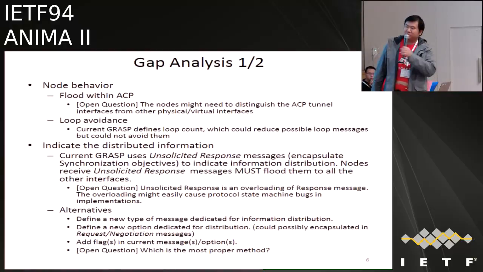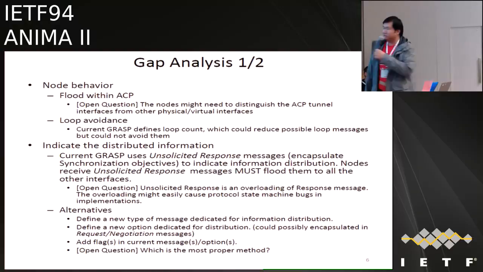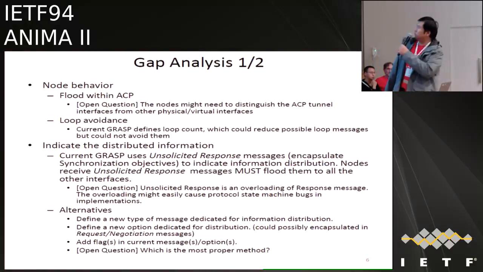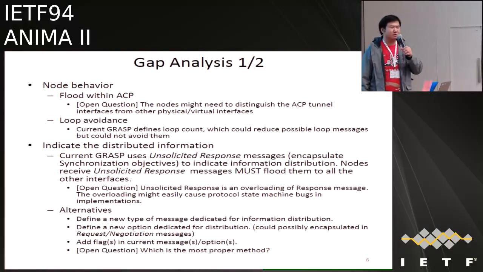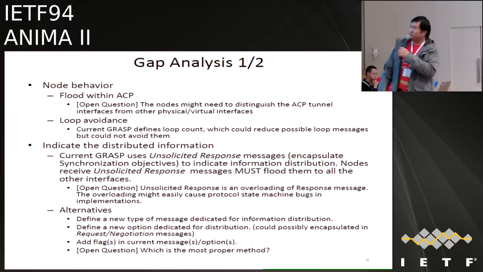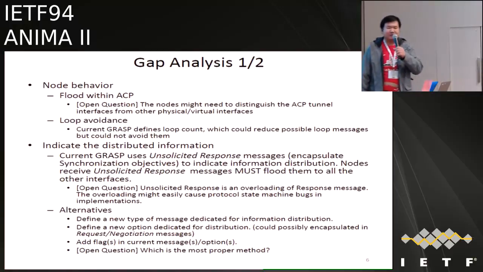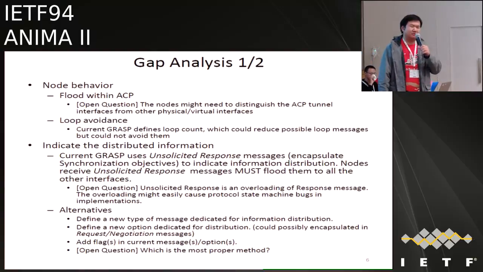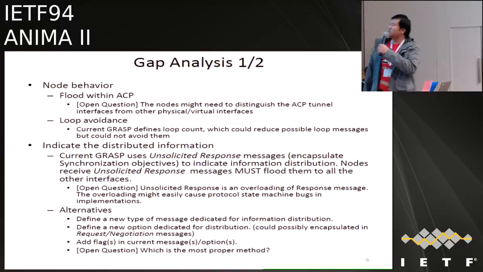But the concern is the unsolicited response is a kind of overloading of response messages. So in general, the overloading might make some trouble for the implementation. If the implementers don't have a very careful design, then it might be error prone.